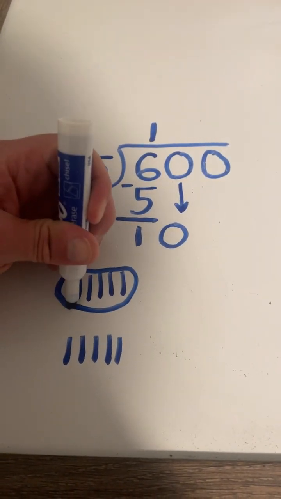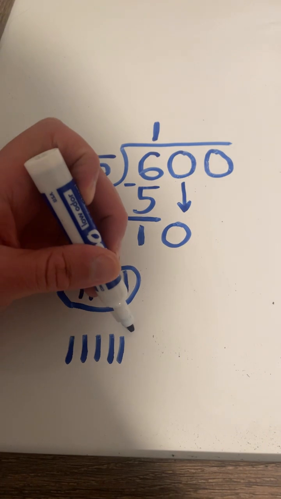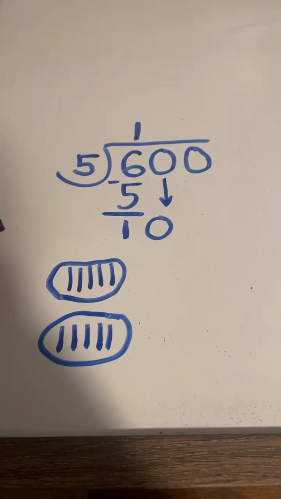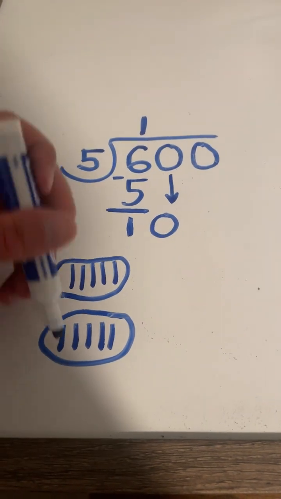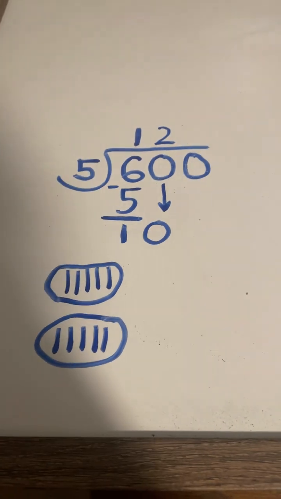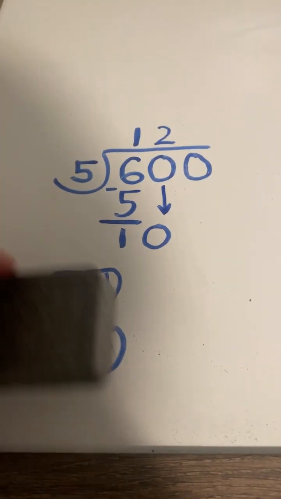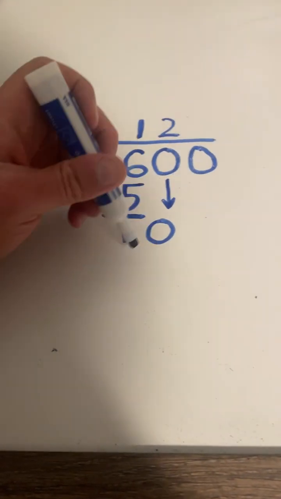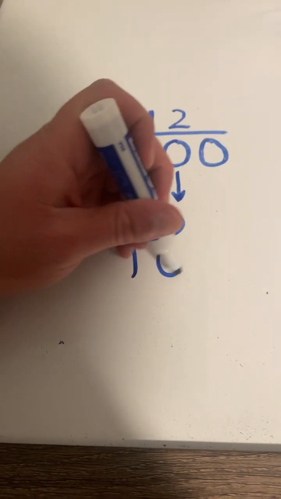So that's one group of 5, 2 groups of 5. And there is no remainder. 10 total tallies. We're able to get 2 groups of 5 within those 10. So 5 goes into 10 2 times. 10 minus 10 equals 0.